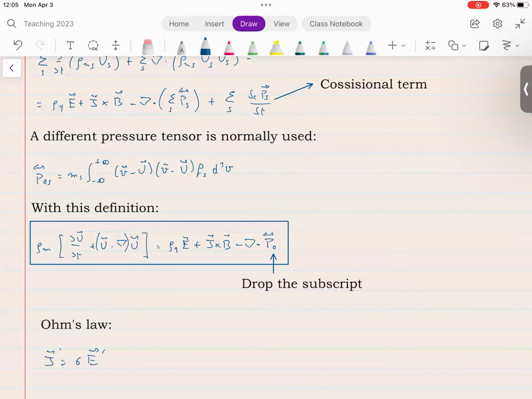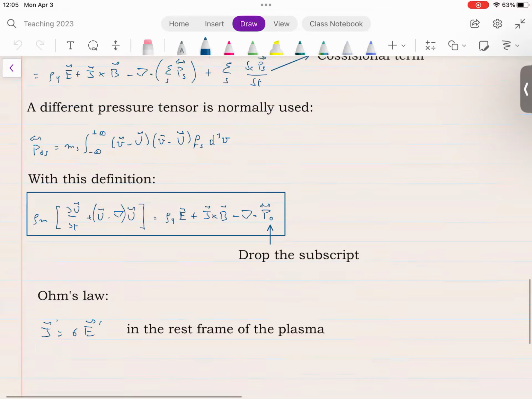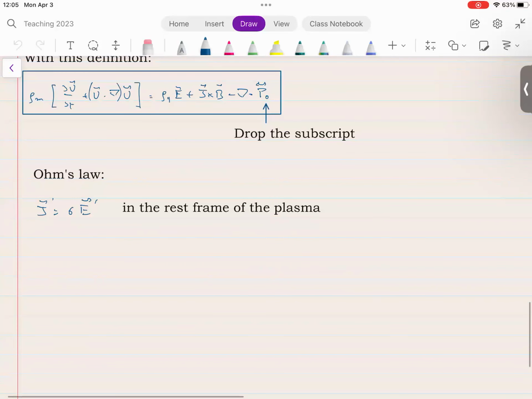But this is true in the rest frame of the plasma. And then what you do is a coordinate transformation.